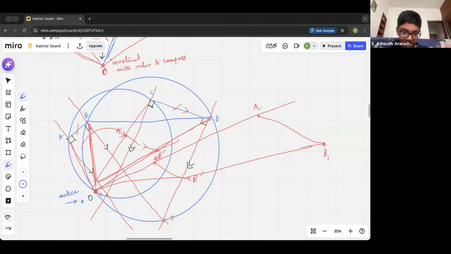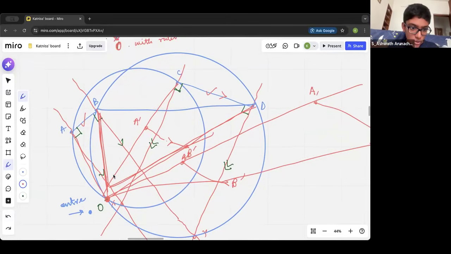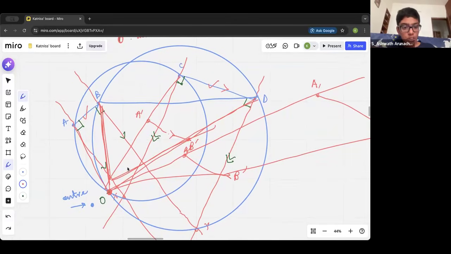Sorry, I didn't mean it like that. Basically, you want triangles ABO and OCD to be similar, so angle ABO and angle CDO must be the same.